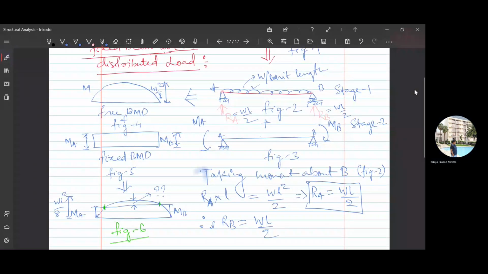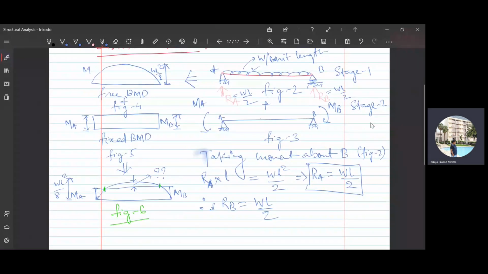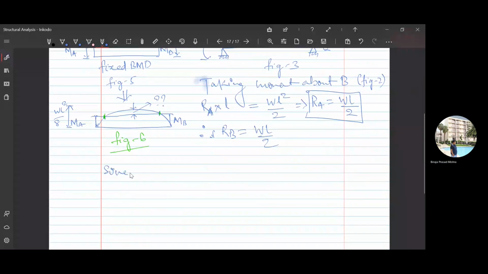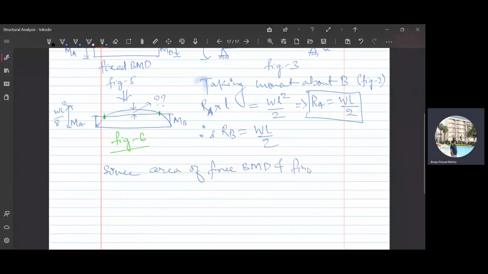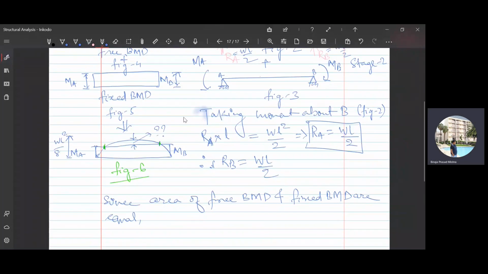So I can write it as, since area of free bending moment diagram and fixed bending moment diagram are equal, then, okay. Now, tell me, what is the area of fixed bending moment diagram?